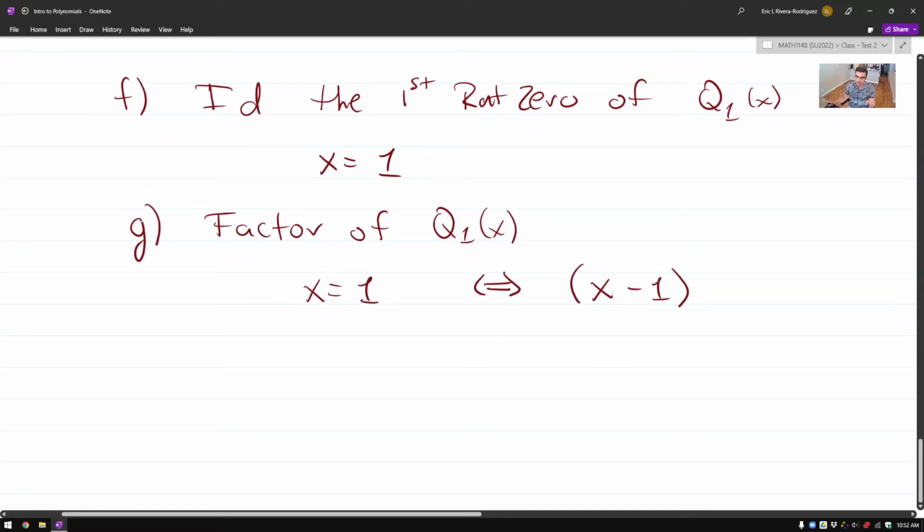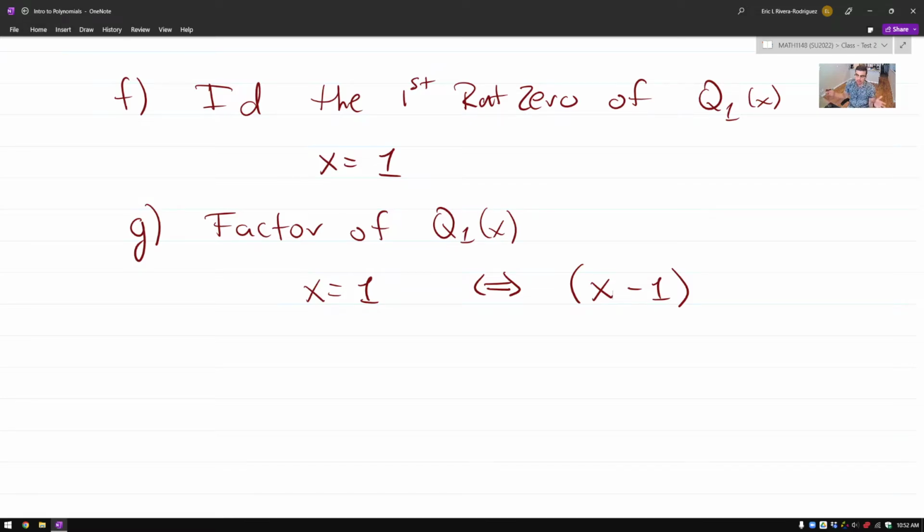But what do I have to prove that indeed x minus 1 is a factor? Well, if I divide the polynomial by the factor, its remainder needs to be equal to 0. Other than that, x equal 1 is not a real zero of the polynomial. So this is another method to verify if a value is an actual rational zero of the polynomial. So let's do that.